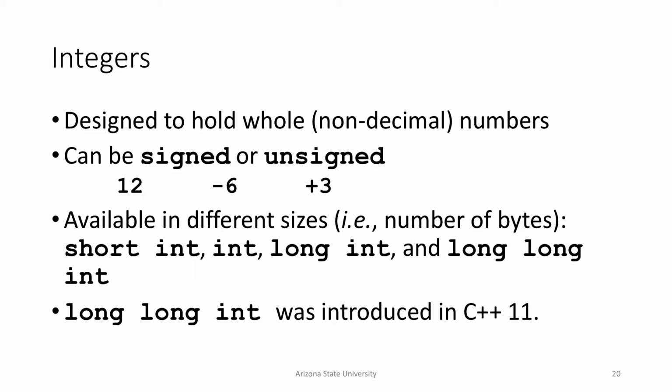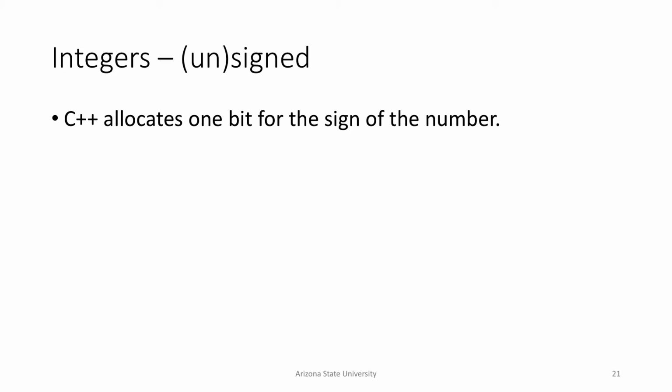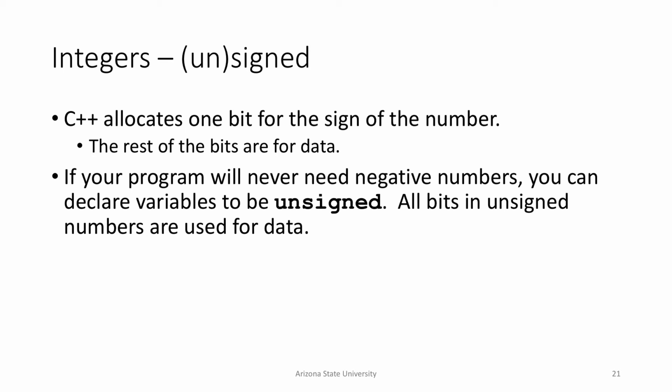So if it's 0, then the 31 bits are positive, and if it's 1, the 31 bits are negative. So yeah, it allocates 1 bit for the sign of the number by default. Unless I say unsigned for the integer, then that extra bit is going to allow us to use all 32 bits to represent the number if we need to.